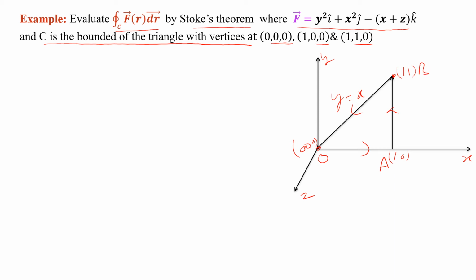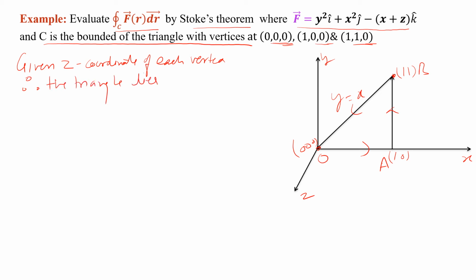The z coordinate of each vertex is 0. Therefore the triangle lies in the xy plane, and the region lies on the xy plane.